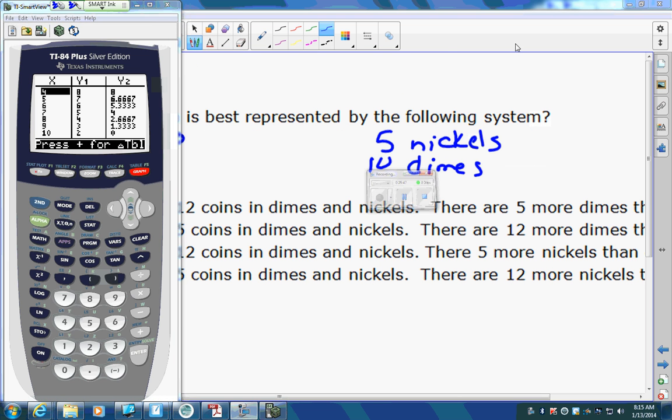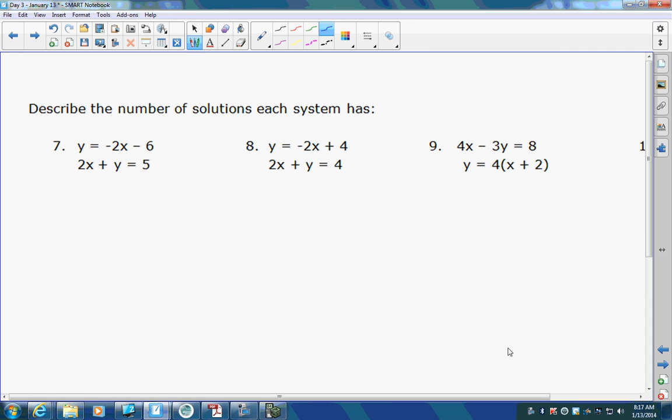Oh, let's see. So on the last ones down here, it says describe the number of solutions a system has. Remember, you have the choices of 1, none, and many. If the lines are parallel and have the same slope, then there's 1. Oh, what am I saying?